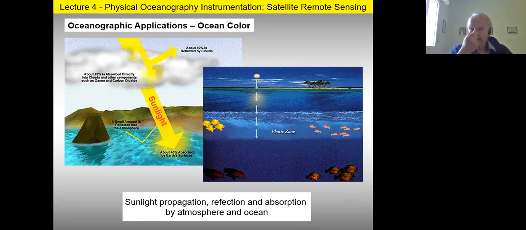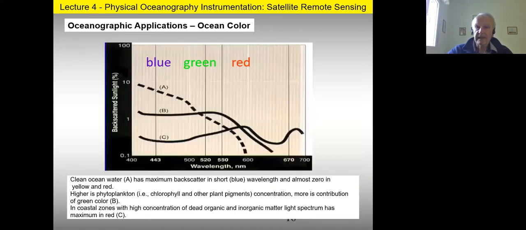Therefore, by getting the information on the ocean color, we also obtain information on the photic zone, on the concentration of phytoplankton in this specific zone. So let's see. This is the spectrum, and this is what we really look at, the backscattered sunlight, in order to obtain the information on the ocean color.